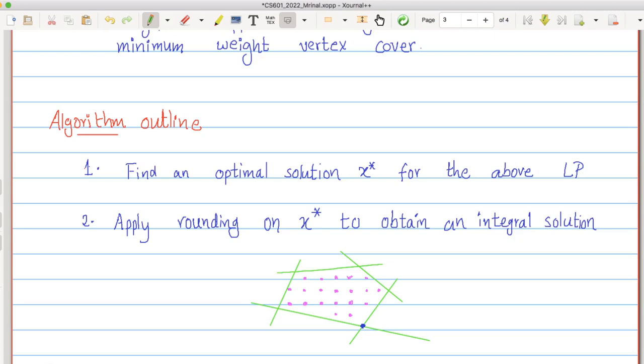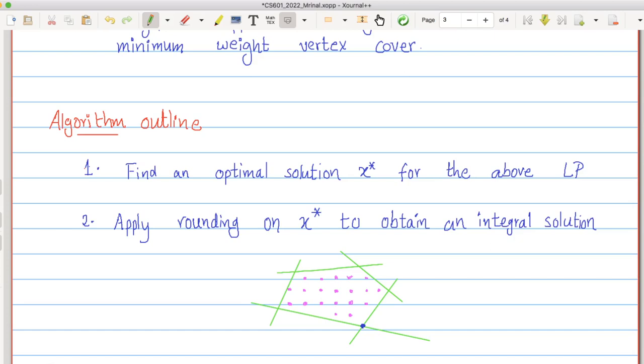So our idea is to round it off and go to an integral solution. Now when we do that, we must ensure that we go to an integral point which is inside the feasible region, right? Because only then it will be a valid vertex cover.